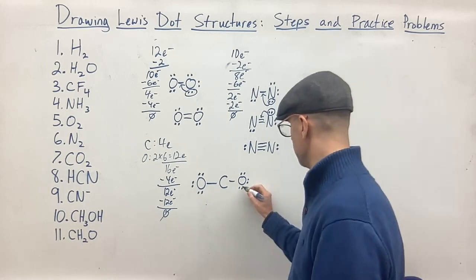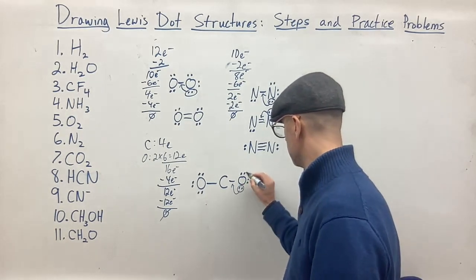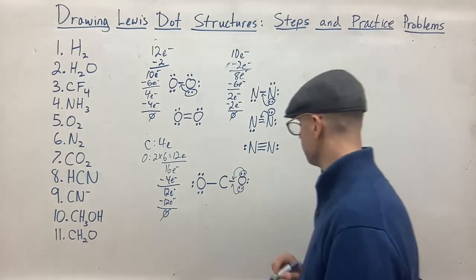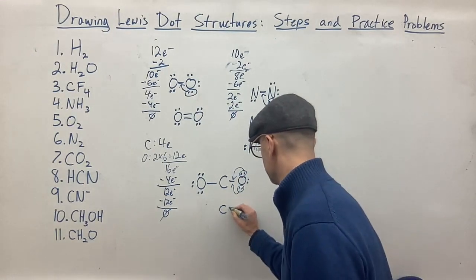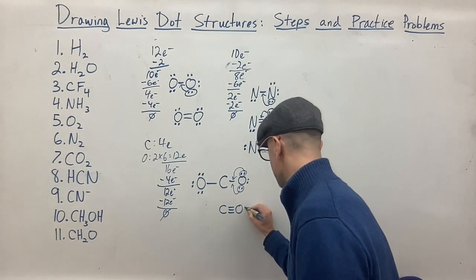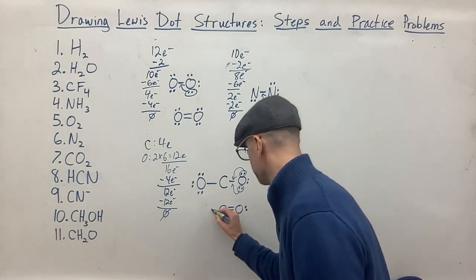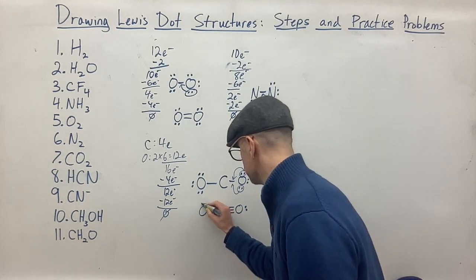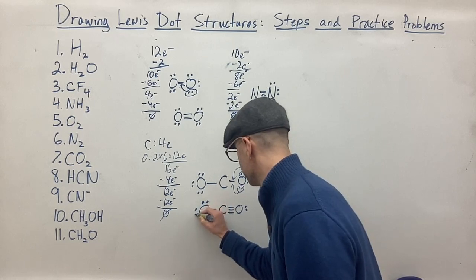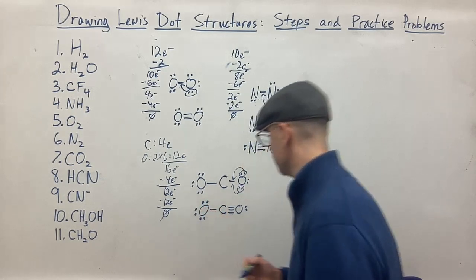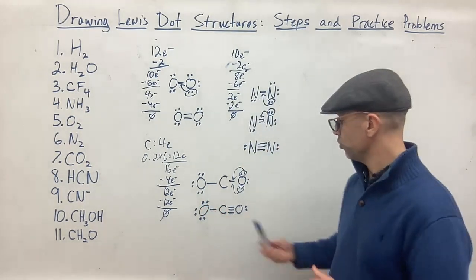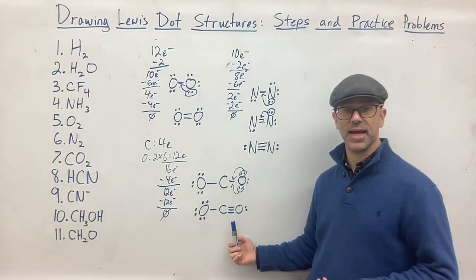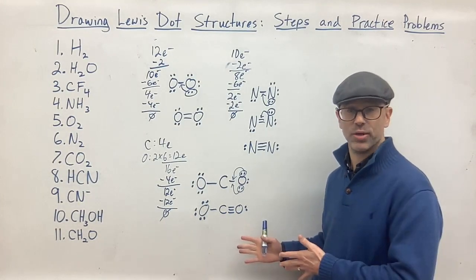So you can move these 2 electrons here and create a triple bond with the carbon, and just leave this one with the single bond and 3 lone pairs. And so the carbon now has an octet.